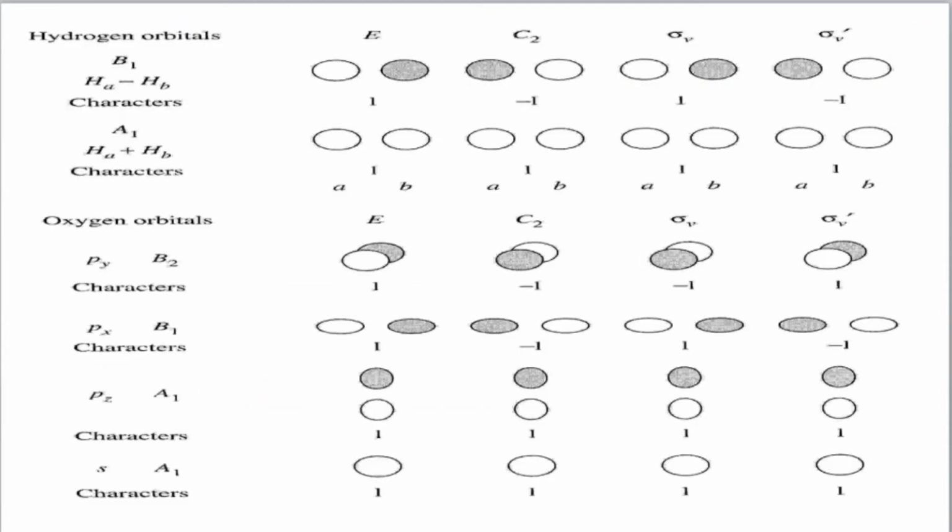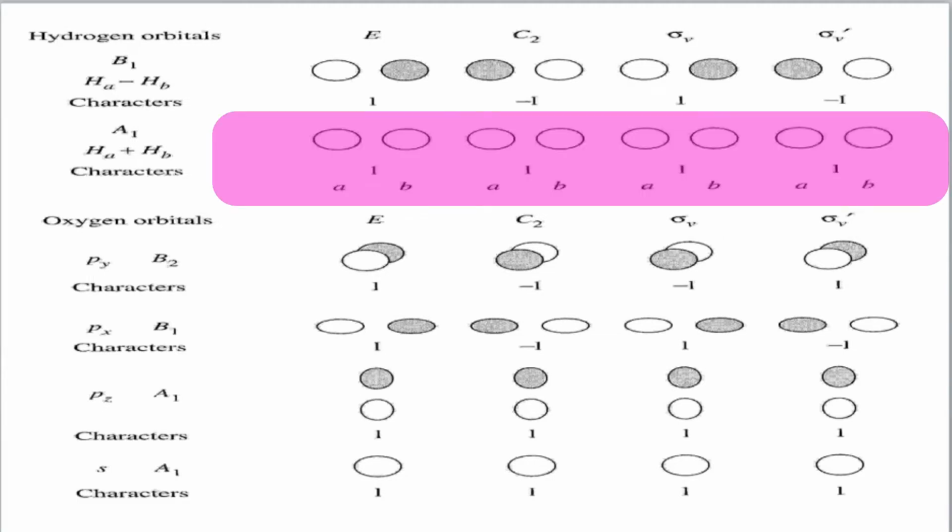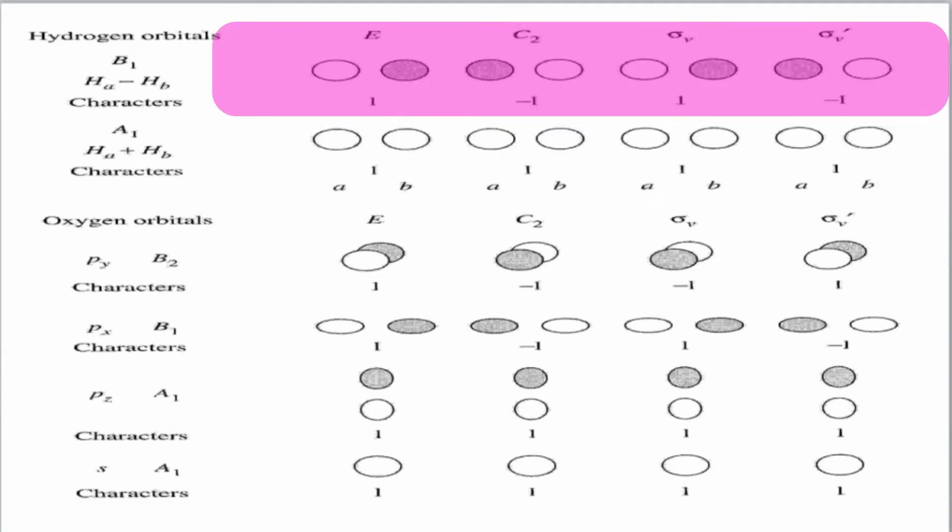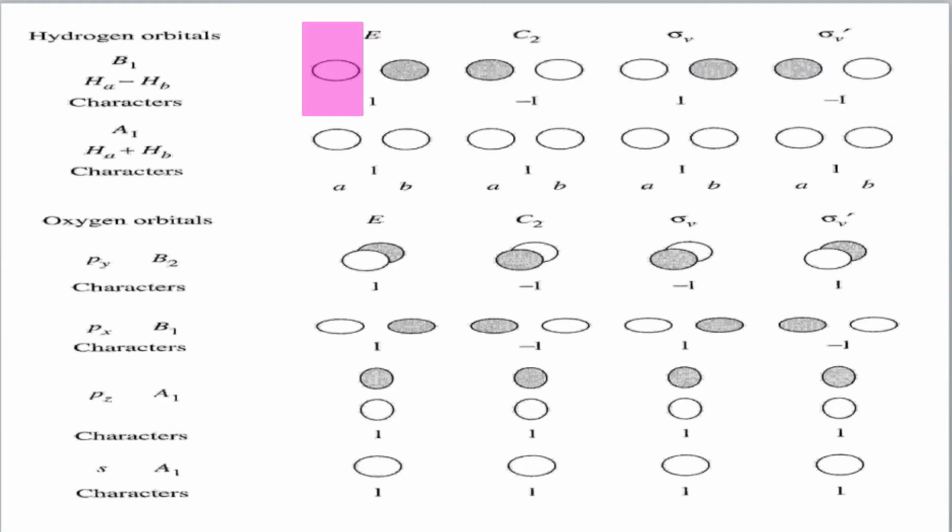In another way, how can I represent this? See, two hydrogen atoms. So two possibilities are there. Both wave functions are the same, or both wave functions are different. See the first row of the diagrams, where on the left side I represented a positive phase of the hydrogen, and on the right side a negative phase.